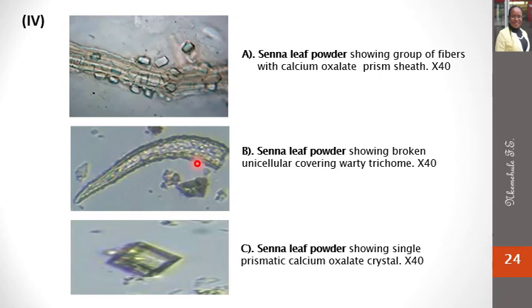Trichomes have protective and sometimes secretory functions. They show great variation across plant species structurally. Therefore, they are highly diagnostic. Likewise, calcium oxalate crystals vary greatly in shape and distribution across plant species. They are also diagnostic.